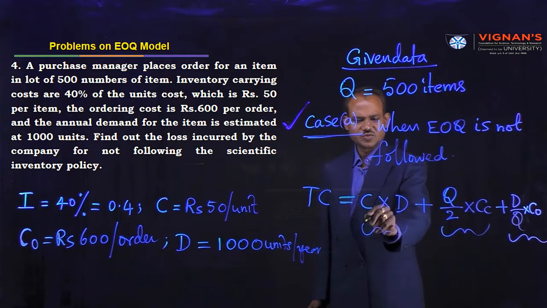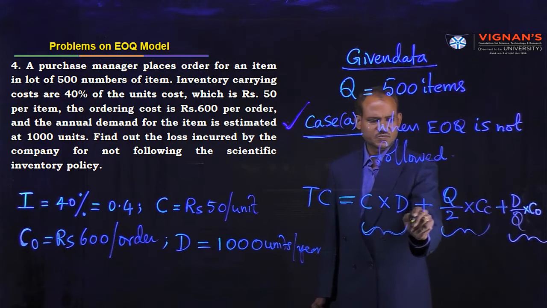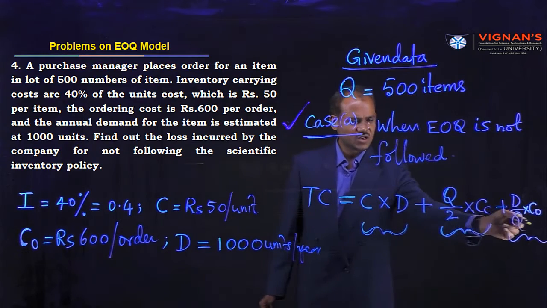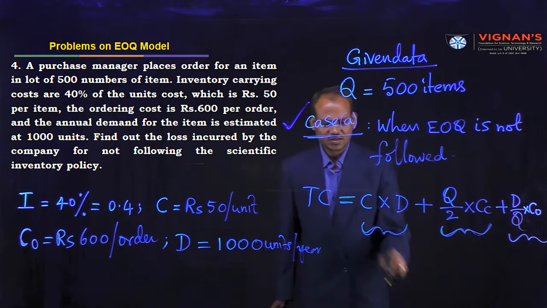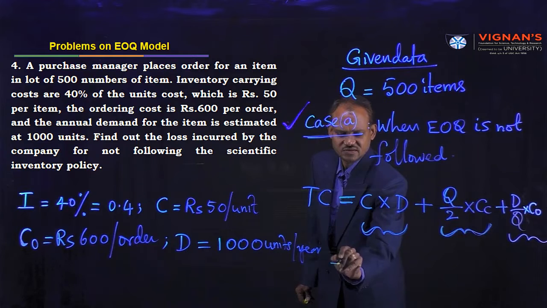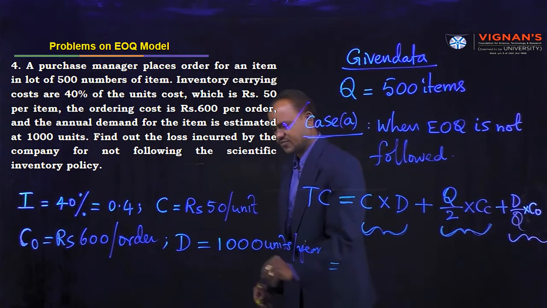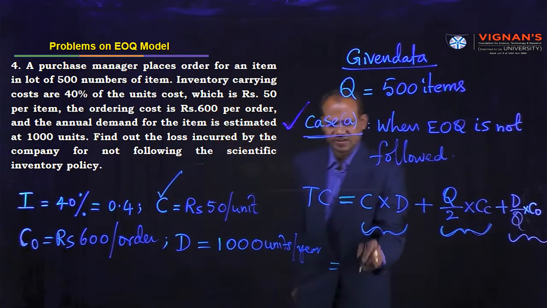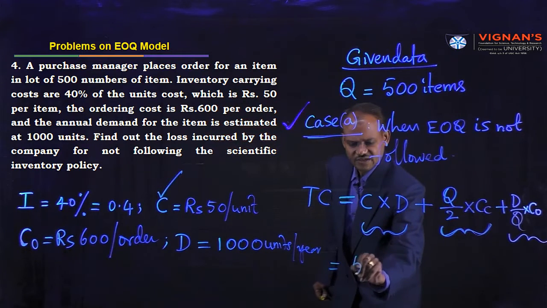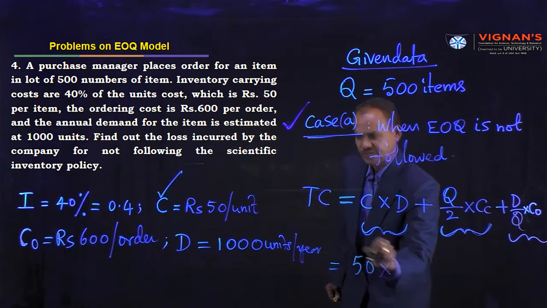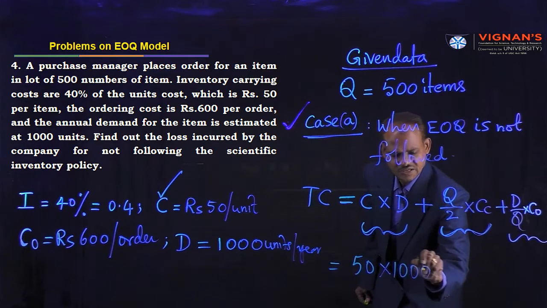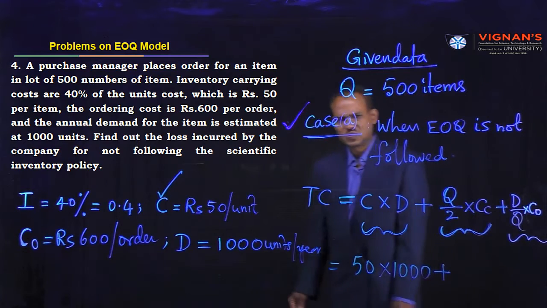Total cost is equal to total material cost plus total carrying cost plus total ordering cost. Therefore, we know the value of C. What is this? 50. 50 into D means 1000 plus Q by 2.